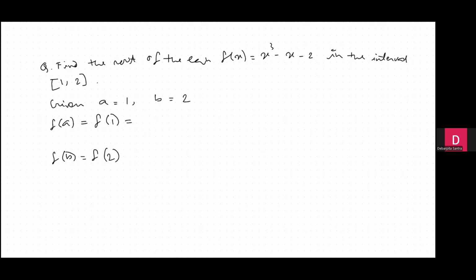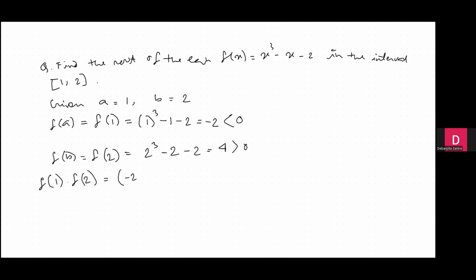So f of 1 means 1 cube, we are just putting the value 1 in the equation f of x. So 1 cube minus 1 minus 2, that means minus 2. So it is negative, that means less than 0. And f of 2 is 2 cube minus 2 minus 2, so it is 4, which is greater than 0. So f of 1 into f of 2 is minus 2 into 4, so it is minus 8.